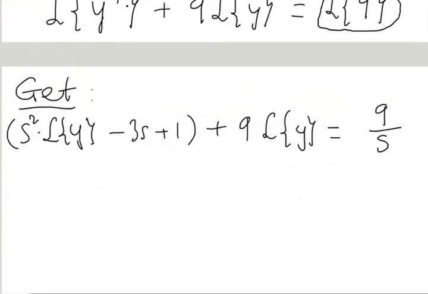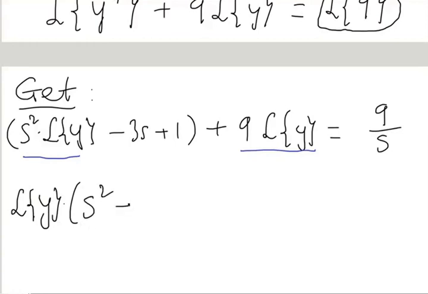Then we keep all the terms involving Laplace transform on one side and factor the Laplace transform out. So Laplace transform of y times s squared plus 9, and everything else we move to the right hand side. We get plus 3s here and minus 1.